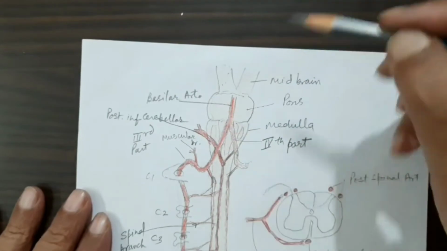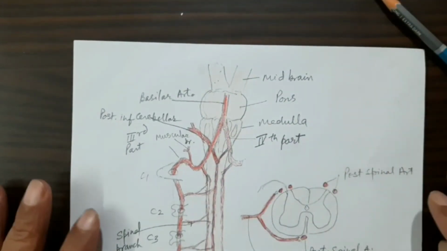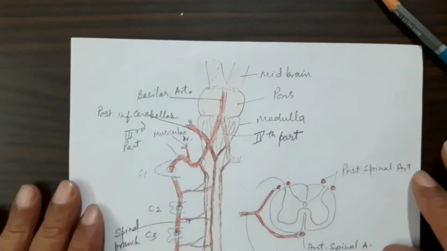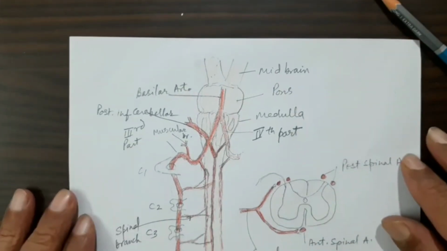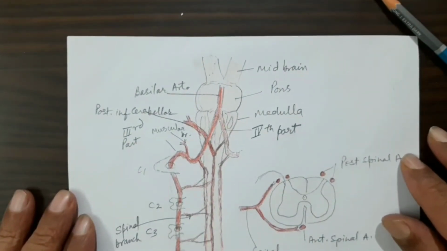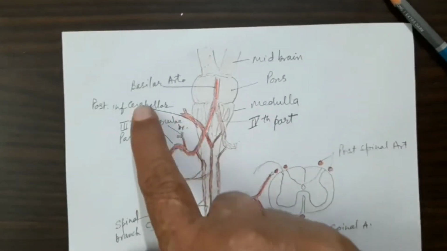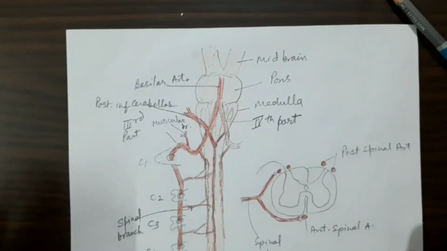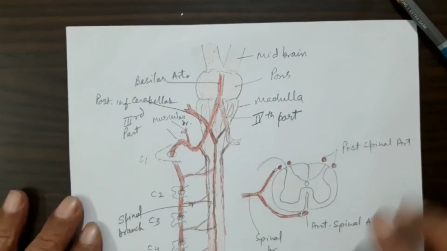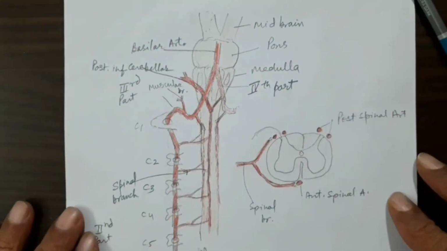That means it will supply the inferior surface, in its posterior part, of the cerebellum, because there is another artery which will arise from the basilar artery, called the anterior inferior cerebellar. That's why this is posterior inferior cerebellar, and it will supply the cerebellum. So these are the various branches of the vertebral artery.